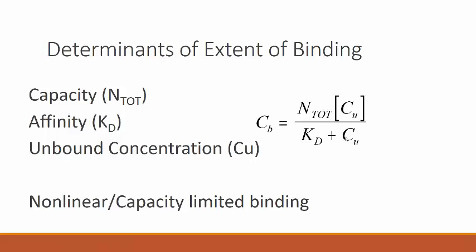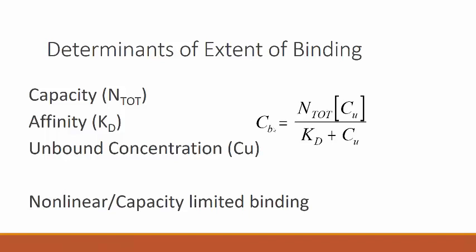This is Michaelis-Menten once again, isn't it? So N total is our capacity of our system, or would be analogous to Vmax. KD is our affinity constant, the concentration where half of the binding sites are full. And of course our concentration component here. And this will tell us what concentration of the drug is bound.